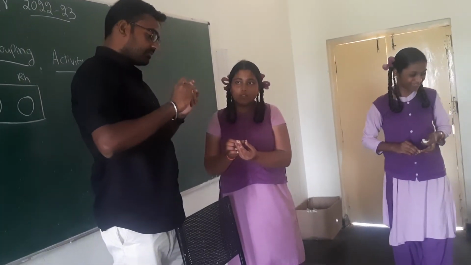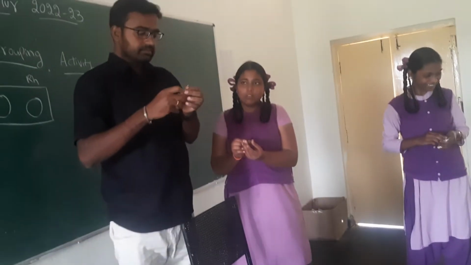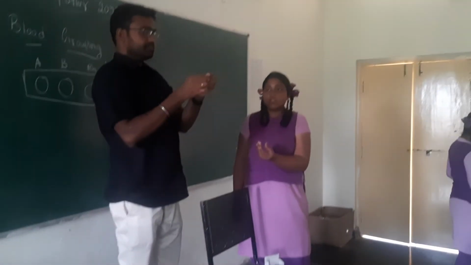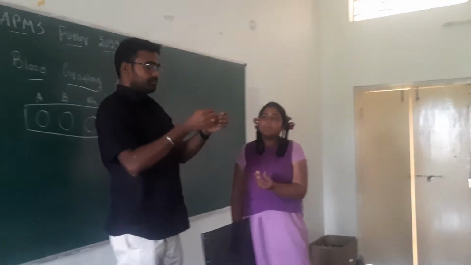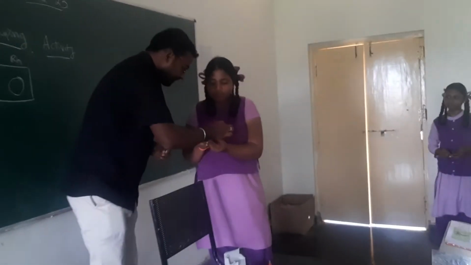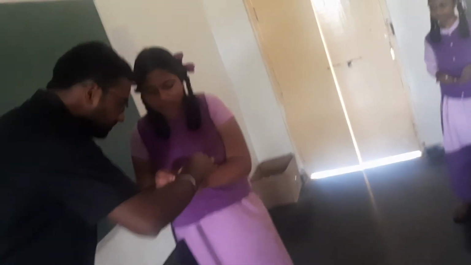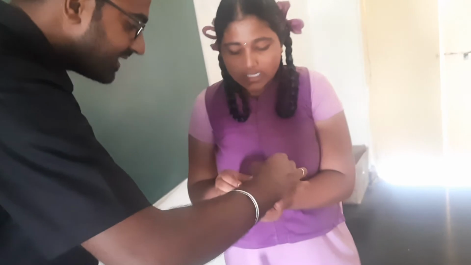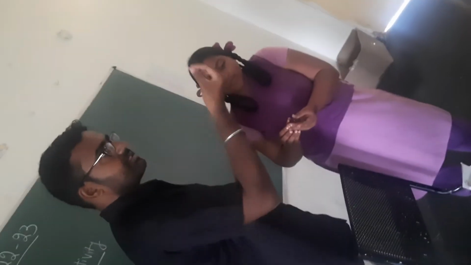Now I'm going to take a toothpick and mix both the blood sample and the anti-A sera in the A circle. You should not use the same toothpick because the blood gets mixed, so I am keeping it aside.